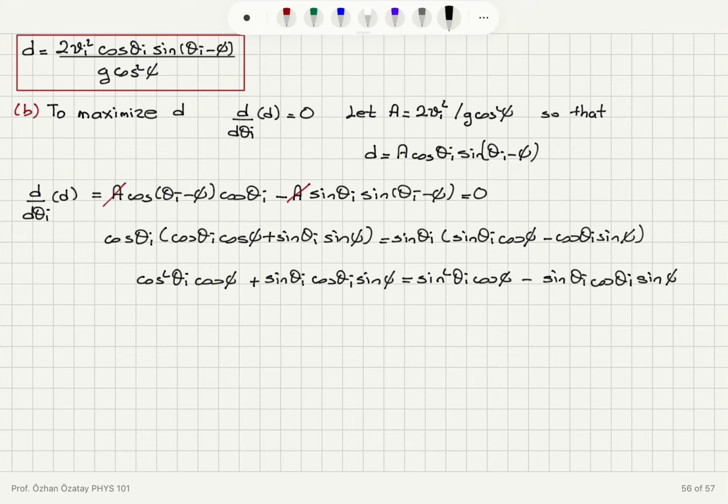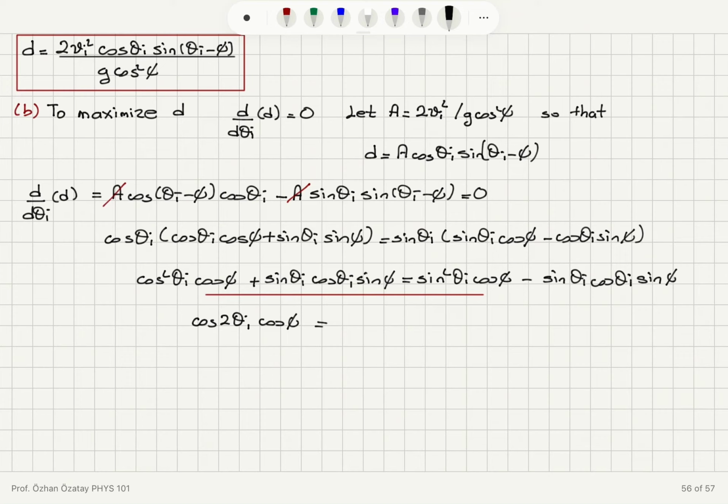So in cosine phi parentheses, you can see that I will be obtaining cosine square minus sine square, which is cosine 2 theta. So this becomes cosine 2 theta I cosine phi.